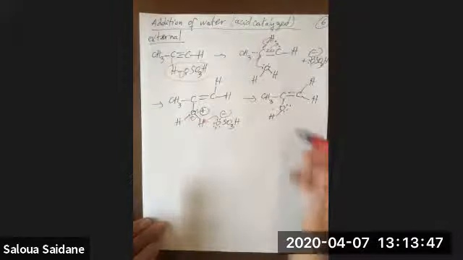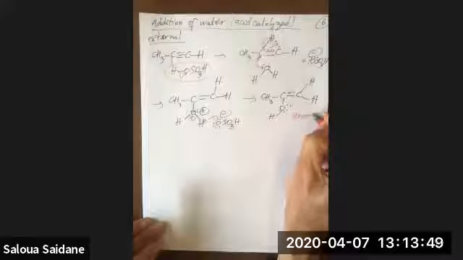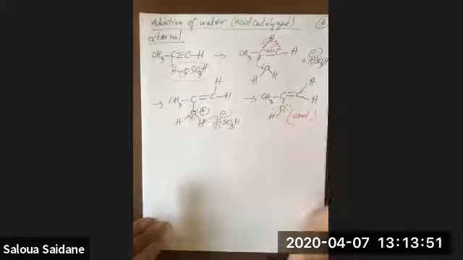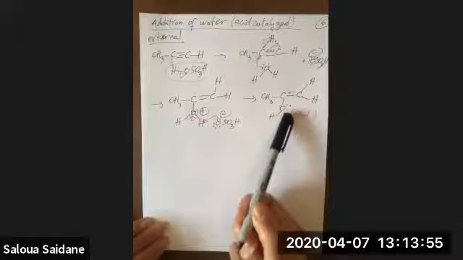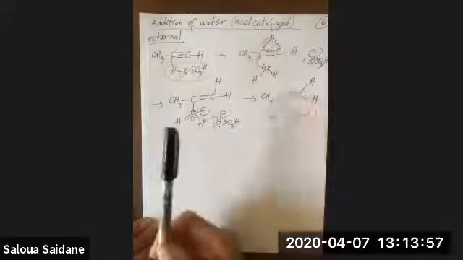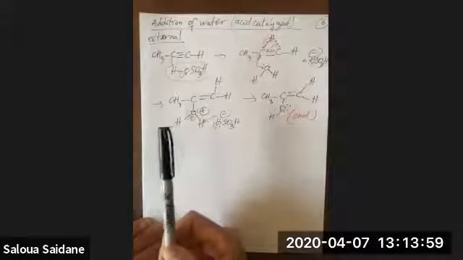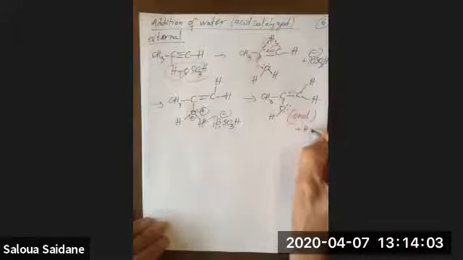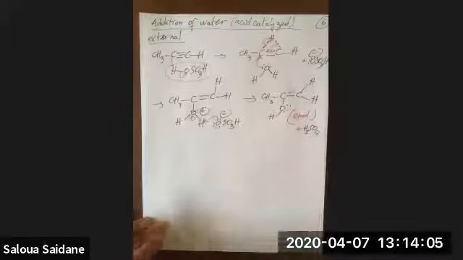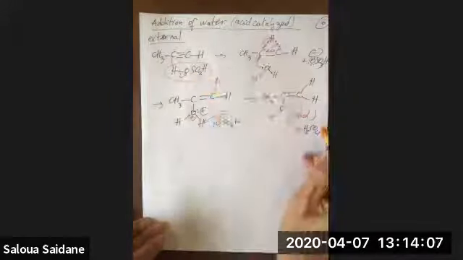This is called an enol. So what is an enol? It's an OH that's on a carbon on a double bond. Okay. And of course, we have here H2SO4. So you see that's the catalyst, we get it back.